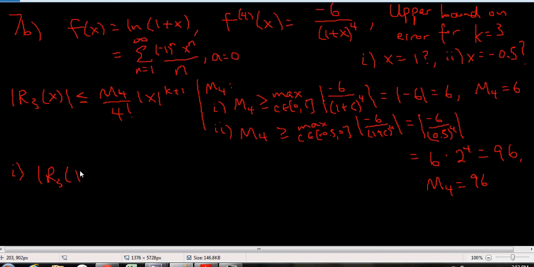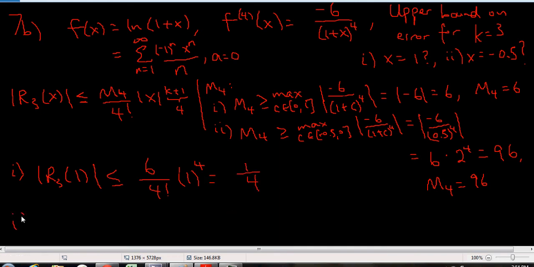All right, so this is less than or equal to 6 over 4 factorial times 1 to the 4. Right, my bad. K plus 1 up here, this should be 4. If you didn't catch that already, that should be 4, because k is 3. So this is equal to 6 over 4 factorial. So this is equal to 1/4.